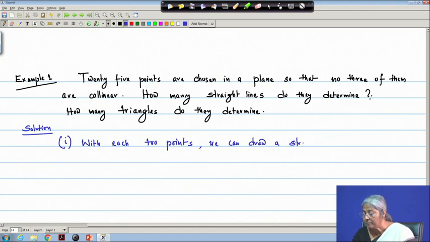Now, I have 25 points, so I can think of the problem as 2 combination of 25 elements.